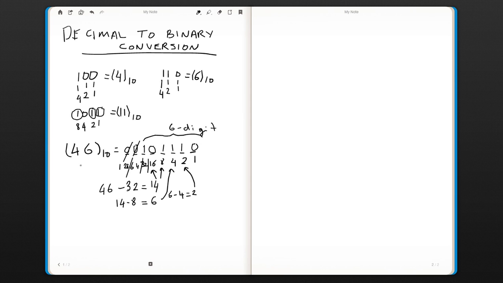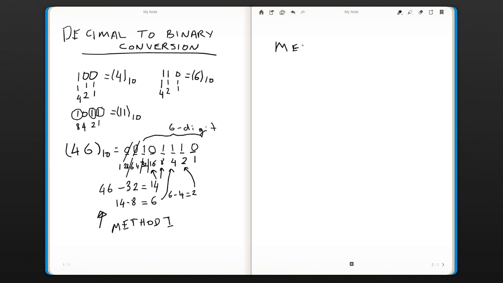But if you have a bigger number, then you will have to figure out all the 2's powers. So this is method 1. This is particularly useful for small numbers.